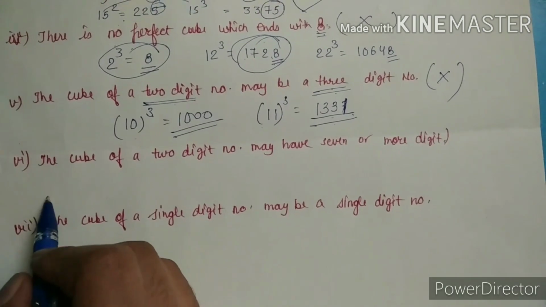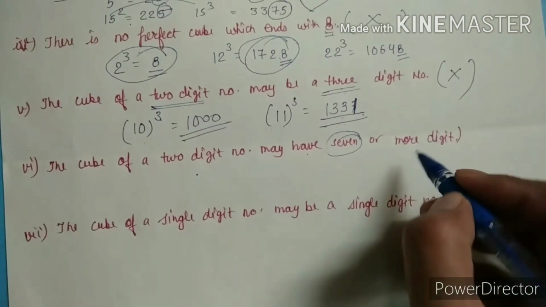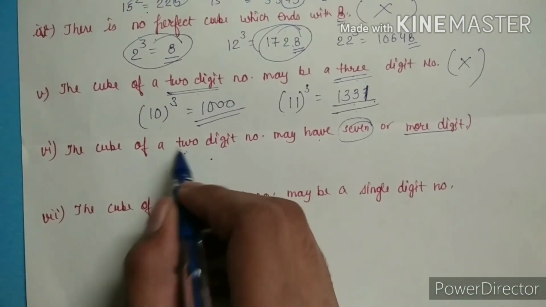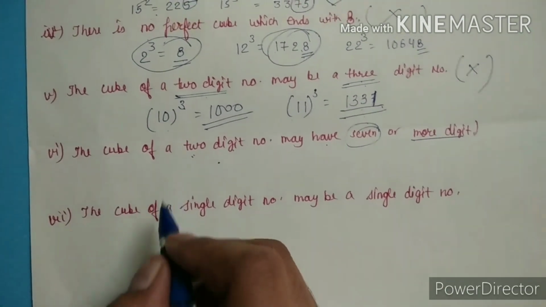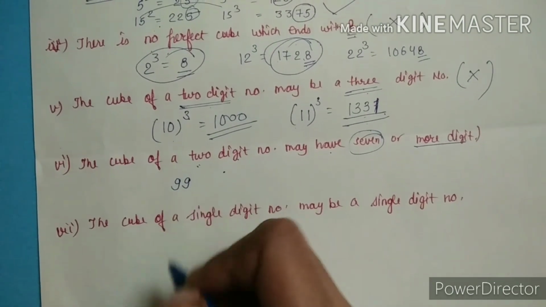Now fourth, the cube of a 2-digit number may have 7 or more digits. So when we take a 2-digit number's cube, which is the largest 2-digit number? The largest 2-digit number is 99.